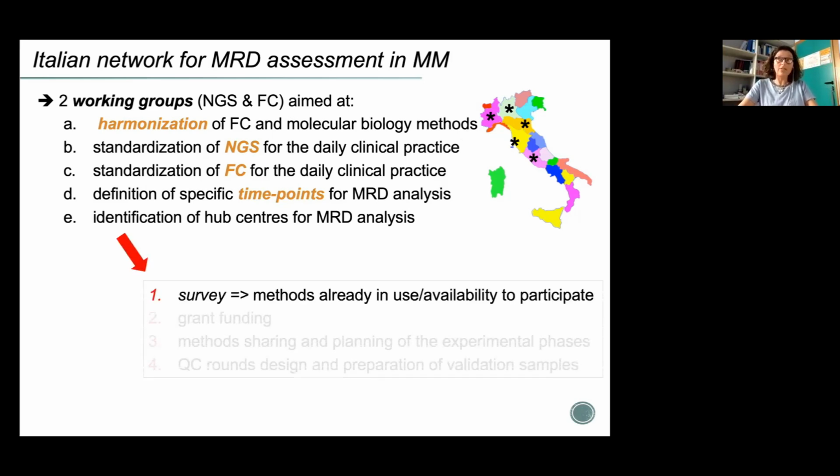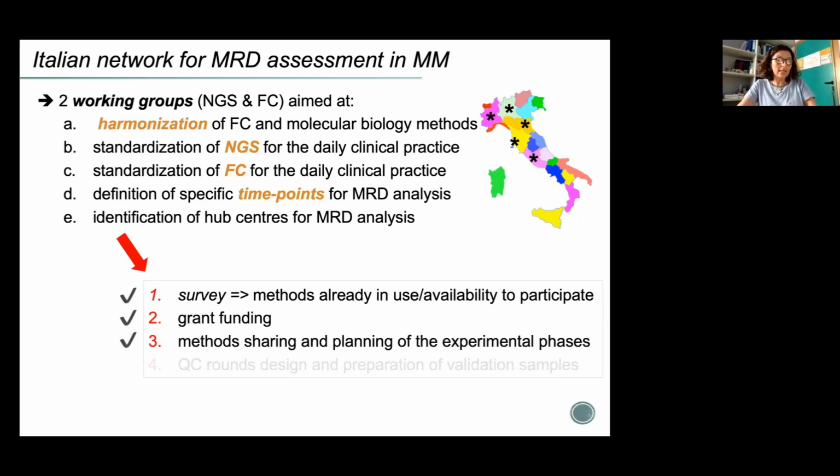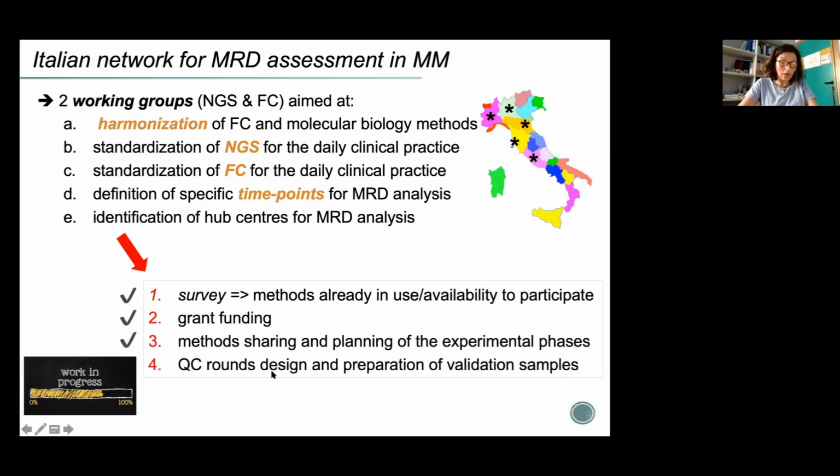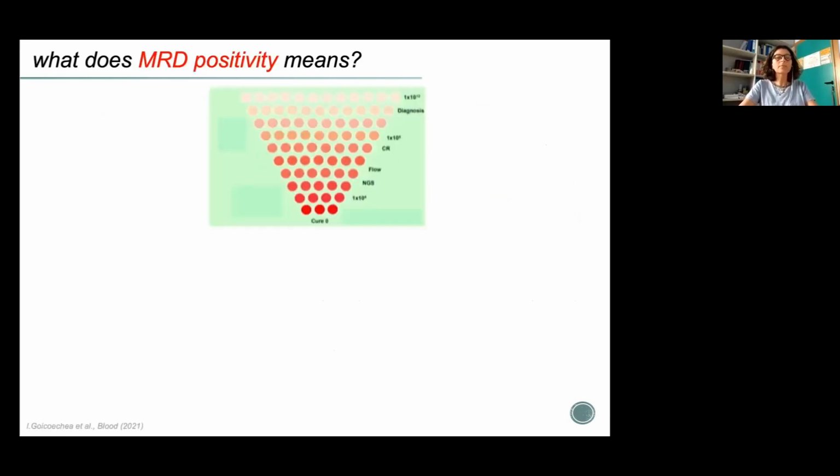We started the activity a few months ago, and we are now working on the setup of a quality control round, and in particular on the preparation of mock samples for validation experiments.